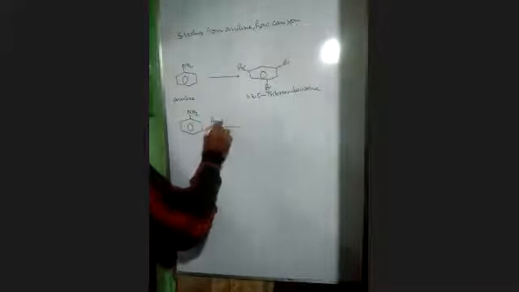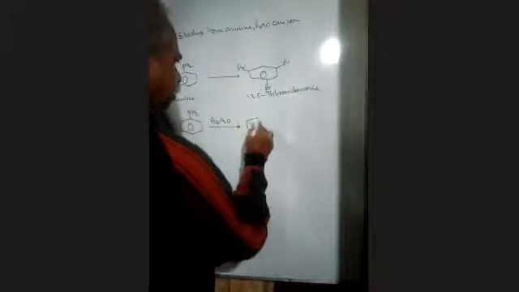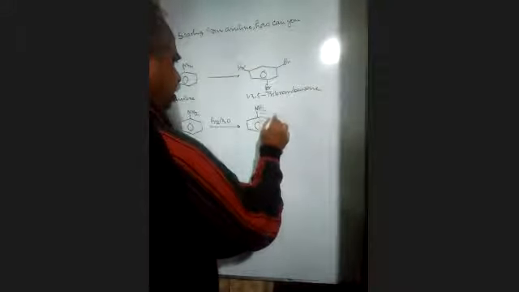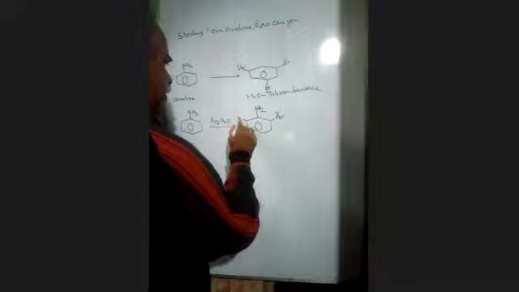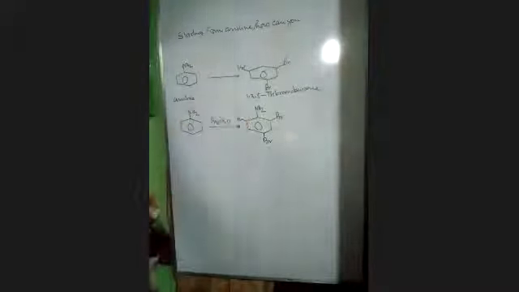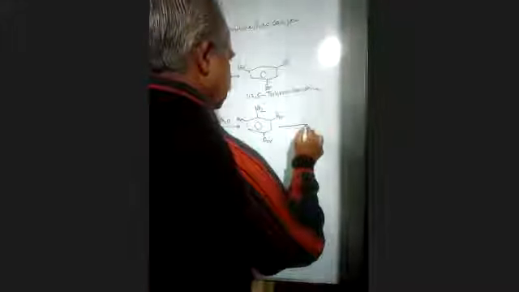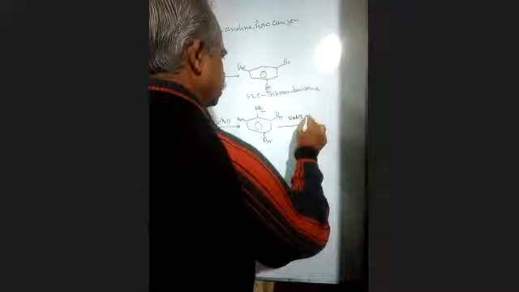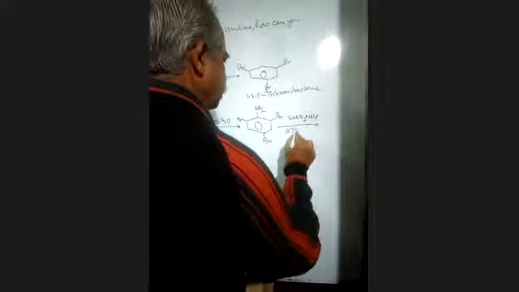NH2, Br2, H2O. So you'll get here, immediately you'll get this. At room temperature, you get this. See here. Now I have to remove NH2. I told you. How will you do the deamination? First I'll convert it into diazonium. So this.